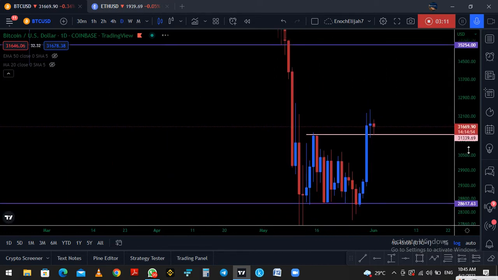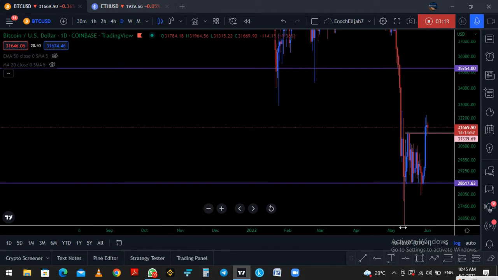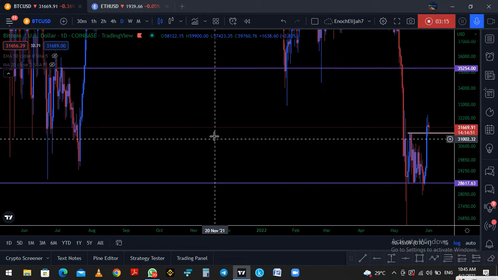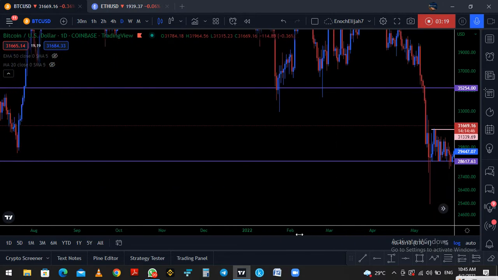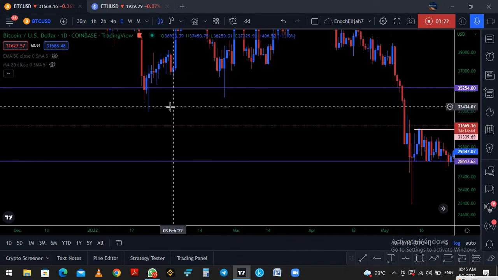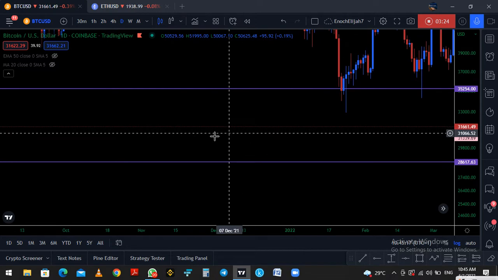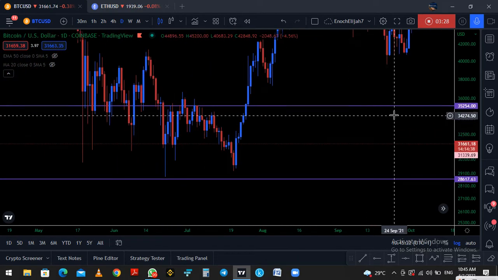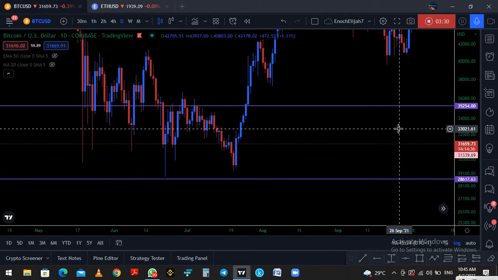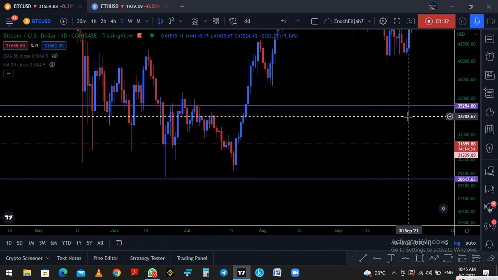But let me check something to the left side. That's a smaller zone. Yes, there are smaller zones as well. To the left side, we look. So that's the major one. That's the major zone that can stop price. This zone.